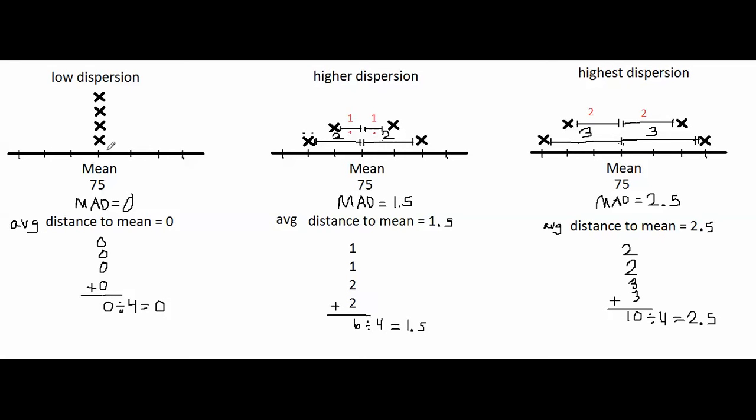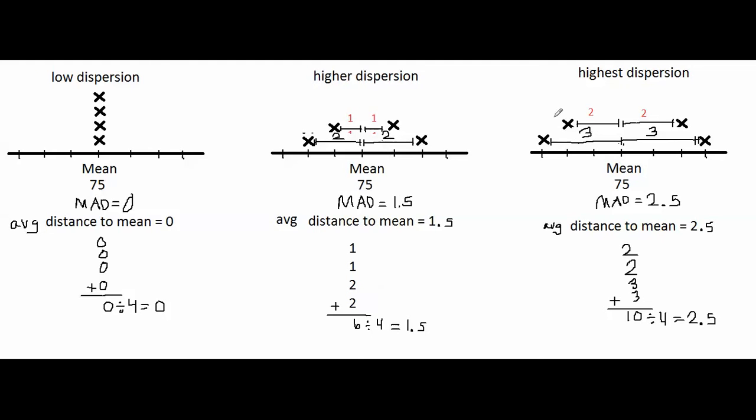So here, all 4 absolute deviations are 0, which means that the MAD is 0. Here, half of the absolute deviations are 1s, and the other half of them are 2s. So if the absolute deviations are 1, 1, 2, 2, the mean of those absolute deviations is 1.5.